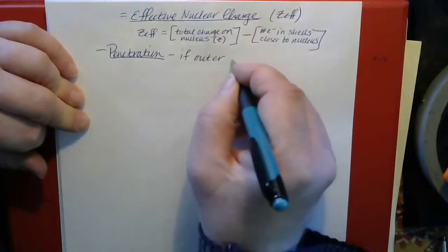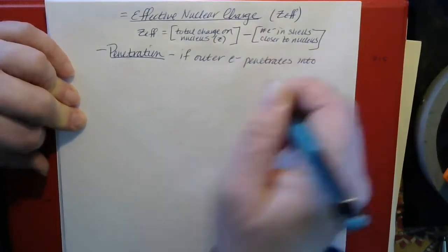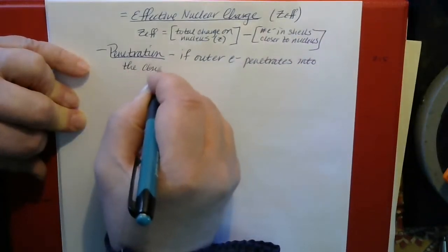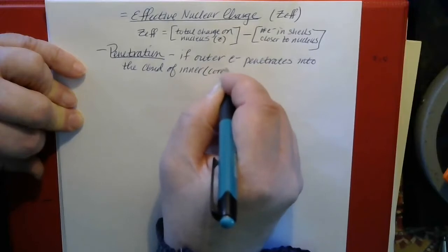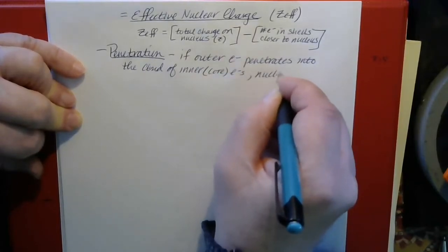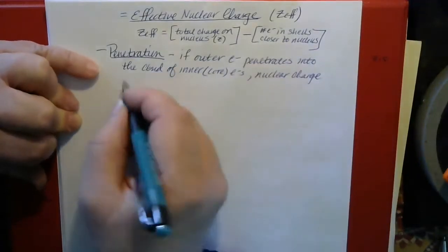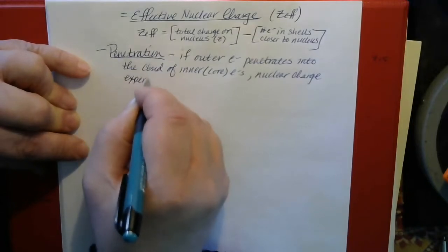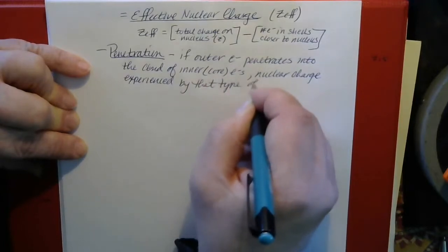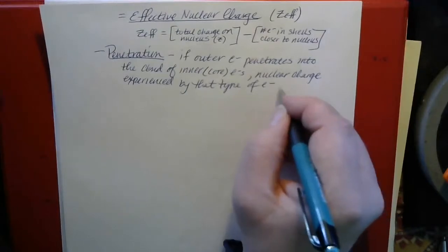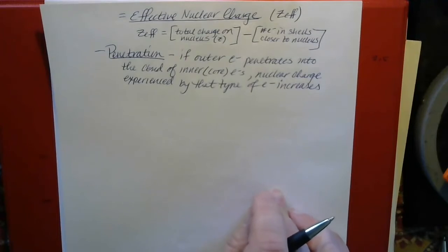If an outer electron penetrates into the cloud of inner or core electrons, the nuclear charge experienced by that type of electron increases, because some of those electrons are actually closer in to the nucleus than you would expect them to be.